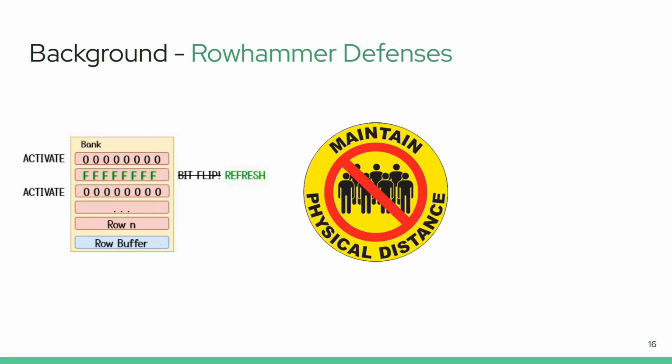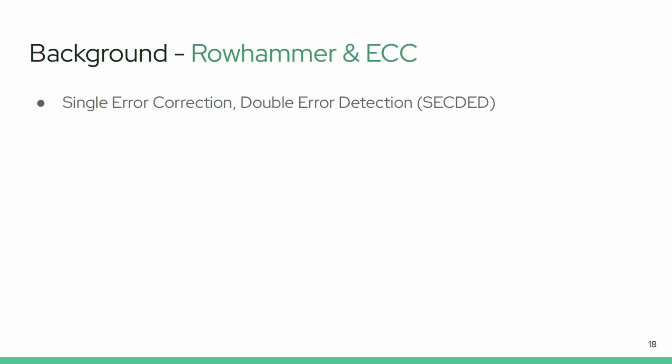These aim to protect data rows by placing guard rows between either all data rows or specific security domains to absorb the potential bit flips. And there are activation throttling techniques. These aim to limit the rate at which an attacker can activate certain rows in memory.